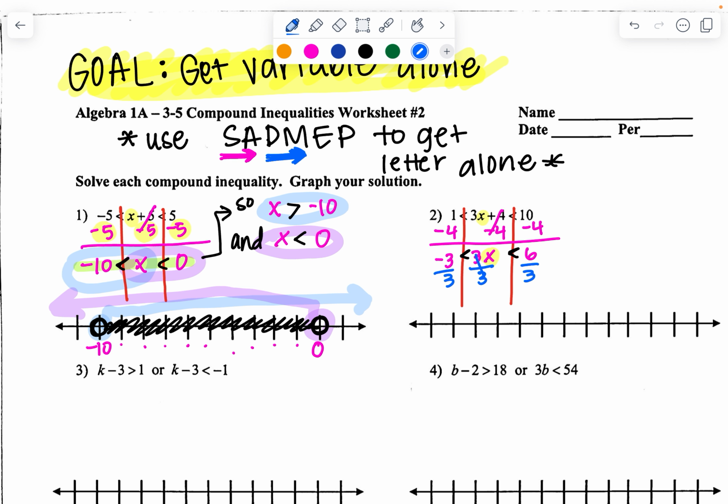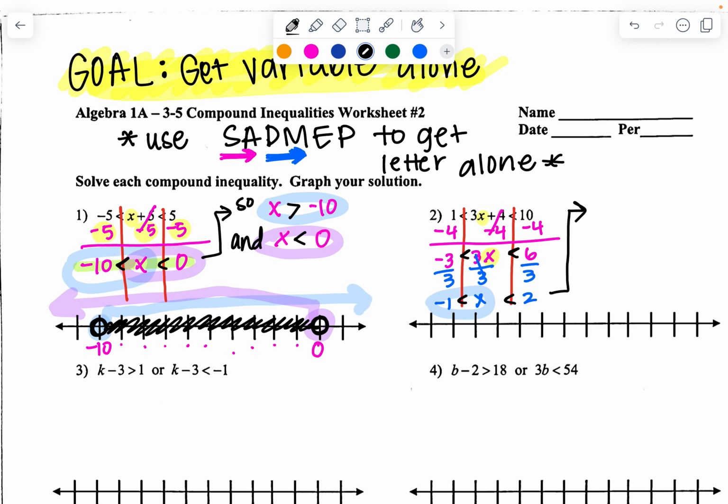And when I do that, that's going to end up giving me, let's see, this is -1, this is x, and this is 2. So -1 is less than x is less than 2. And if I rewrite that, that's the same as if I'm taking this chunk right here.